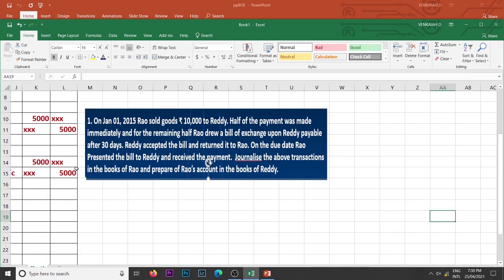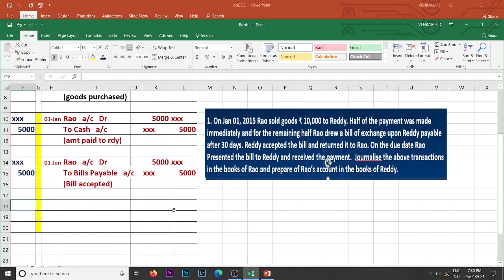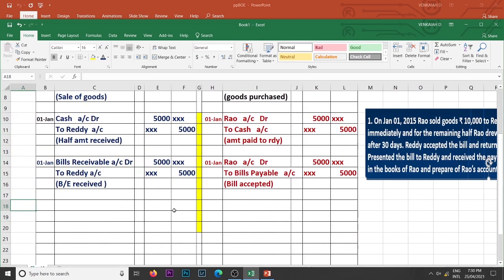Now on the due date, Rao presented the bill to Reddy and received the payment. The due date means the bill is for 1 month, so that will be 1st February plus 3 days. The 3 days are called grace days. The time is given to the drawee for payment, 3 more days as per the Negotiable Instruments Act.